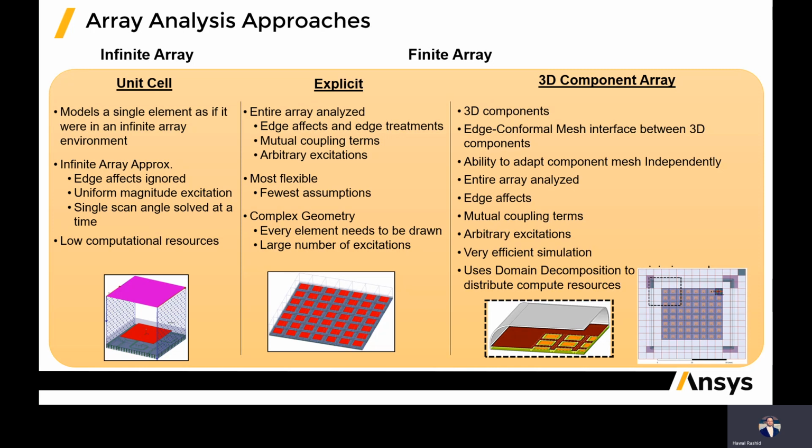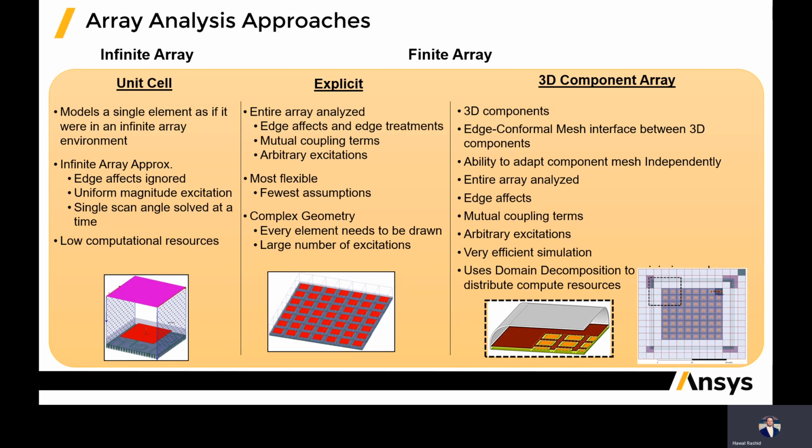These 3D components have edge conformal mesh interfaces between each other, so from one neighbor to the other, they have edge conformal meshing. They have the ability to adapt each component's mesh independently. So if you have 5 components, each of the 5 components uses adaptive mesh independently.